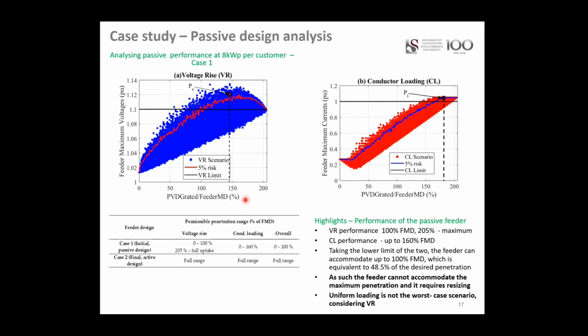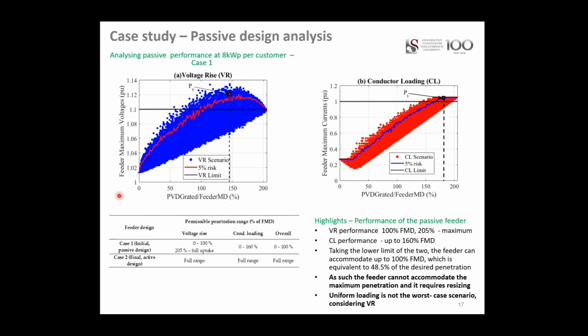Firstly, I'm not aware of any particular guideline that says this is what a network can host in terms of the percentage of the feeder maximum demand. But what I think this tool would help with is to make distribution network operators aware that their network can host a particular amount.